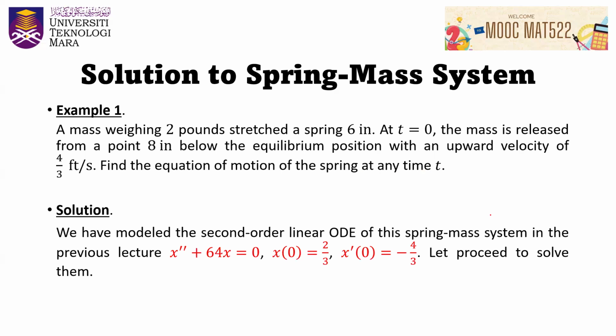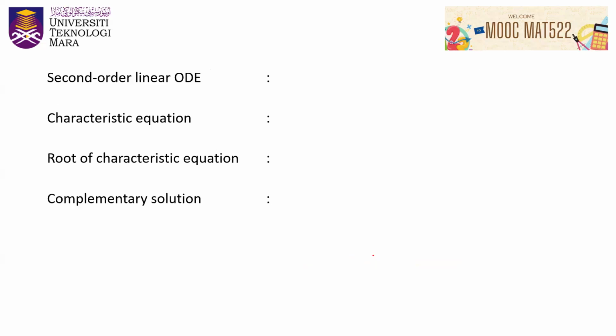Since we have modeled the second-order linear ODE of this spring mass system in the previous video, that is x'' + 64x = 0, subject to two initial conditions, x(0) = 2/3 and x'(0) = -4/3, we proceed to solve them now.